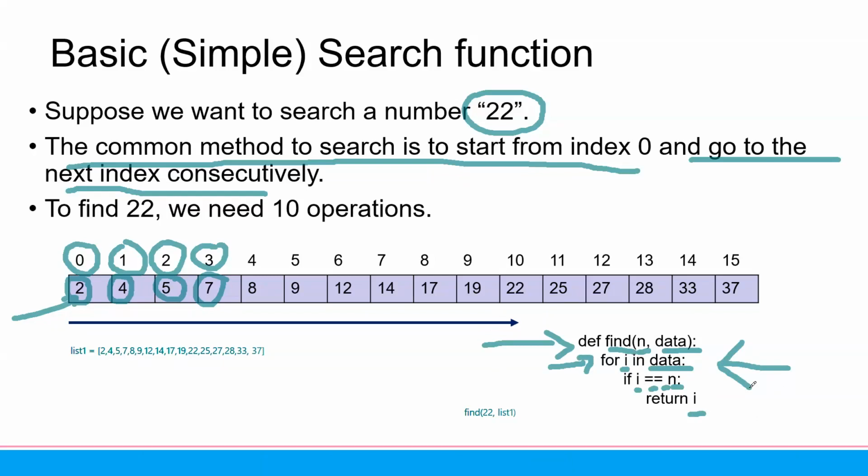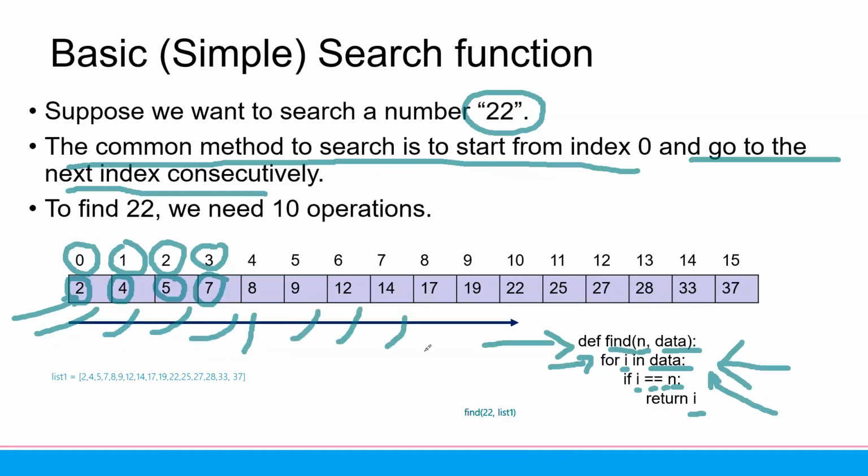The question is, how many operations do we have? Whenever we do it like this with a for loop, we will start from index 0. So 1, 2, 3, 4, 5, 6, 7, 8, 9, 10, 11.